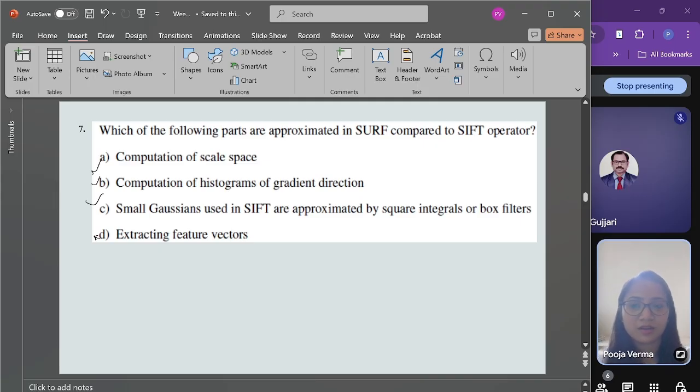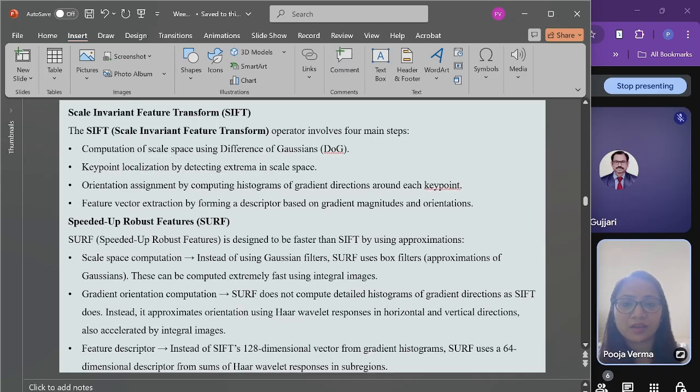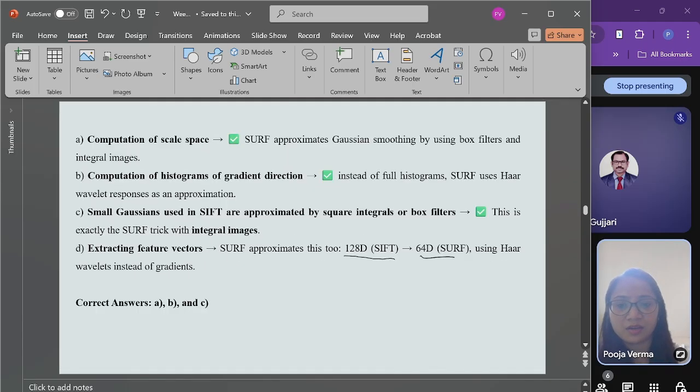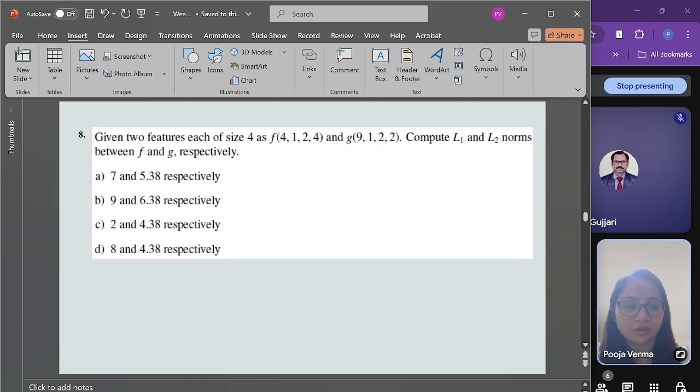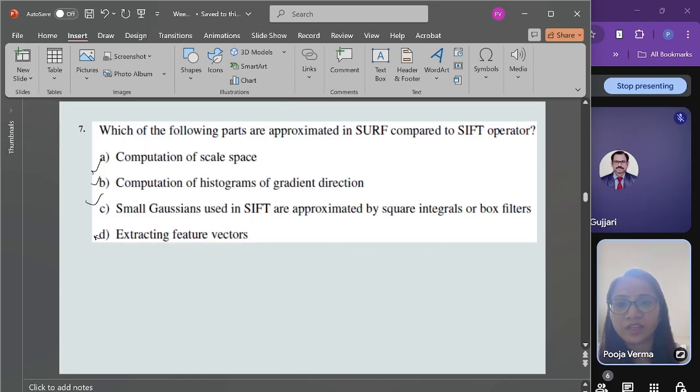Okay. D could be correct if they had made some change, like using Haar wavelet responses, as in this question: extracting feature vectors using Haar wavelets. They have used it in the options, so that's why it is an incorrect one.